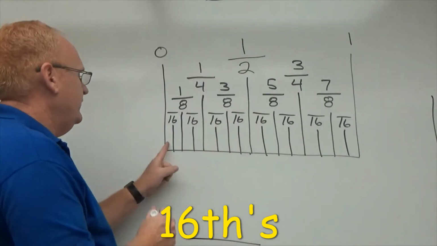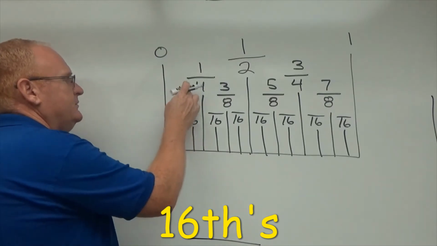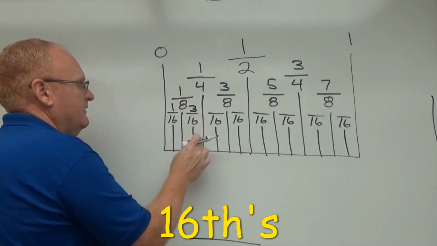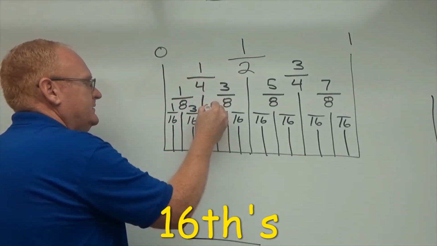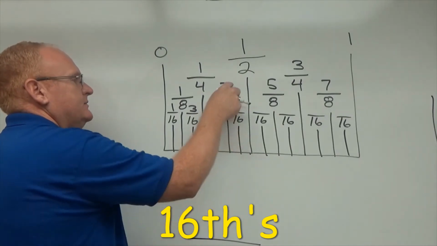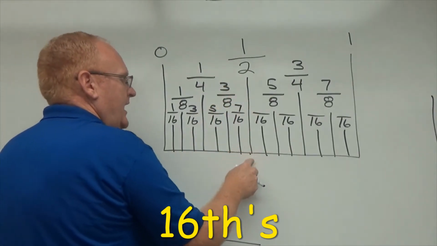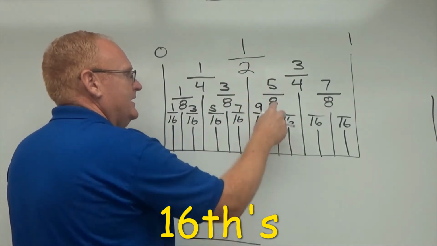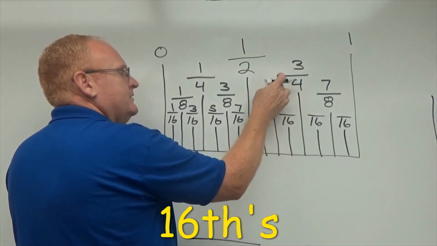So here we go. First one, this would be 1/16. 2/16 reduces to an eighth. This line is 3/16. 4/16 reduces to a fourth. 5/16. 6/16 reduces to 3/8. 7/16. 8/16 reduces to a half. 9/16. 10/16 reduces to 5/8.